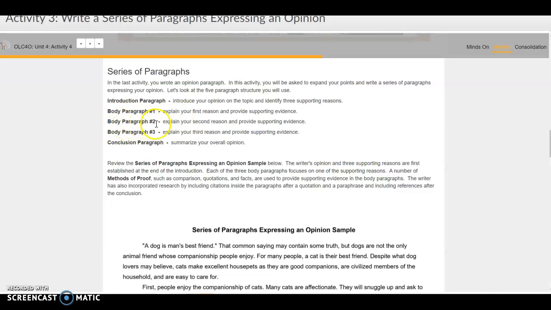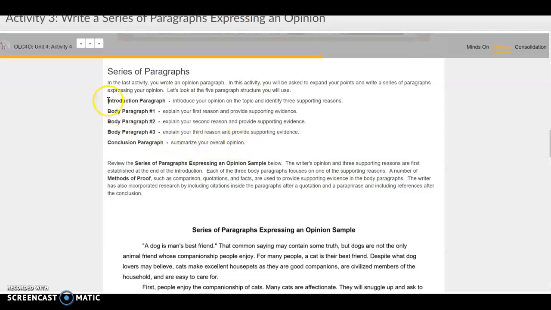You have a body paragraph number 2, which takes the second reason from your introduction here, and then explains and supports it. And then you have body paragraph number 3, taking, of course, the third reason from your introduction and explaining and supporting it. And then you have a conclusion paragraph, which summarizes your overall opinion.